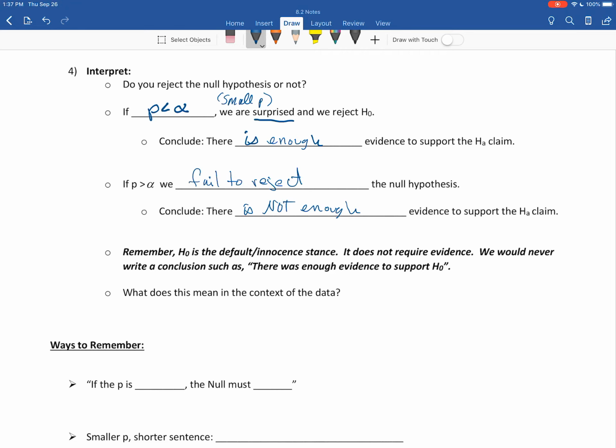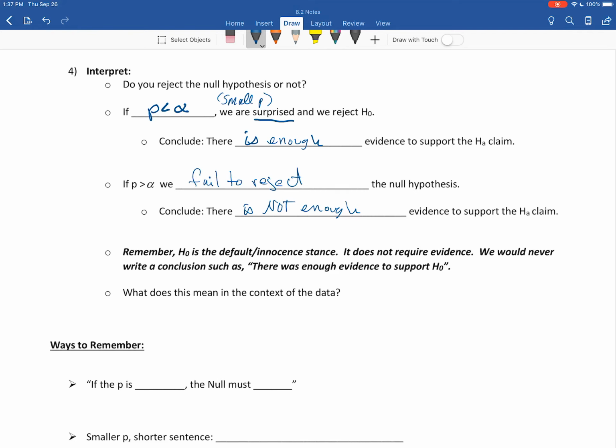So you never need to write, and you never should write, a conclusion statement saying there was enough evidence to support the null. I don't need evidence to support the null. The null is the default. It is what it is, and it's what we must believe unless there's evidence otherwise. So the null doesn't require any evidence.